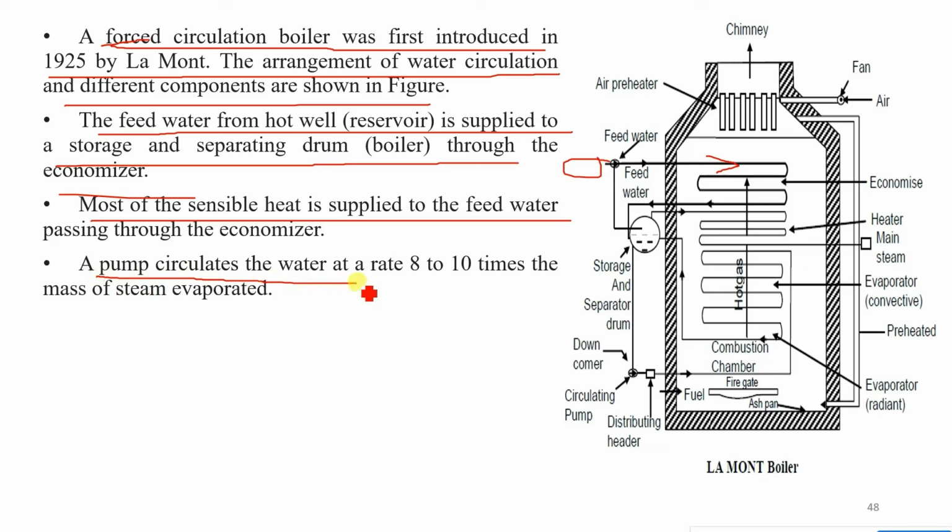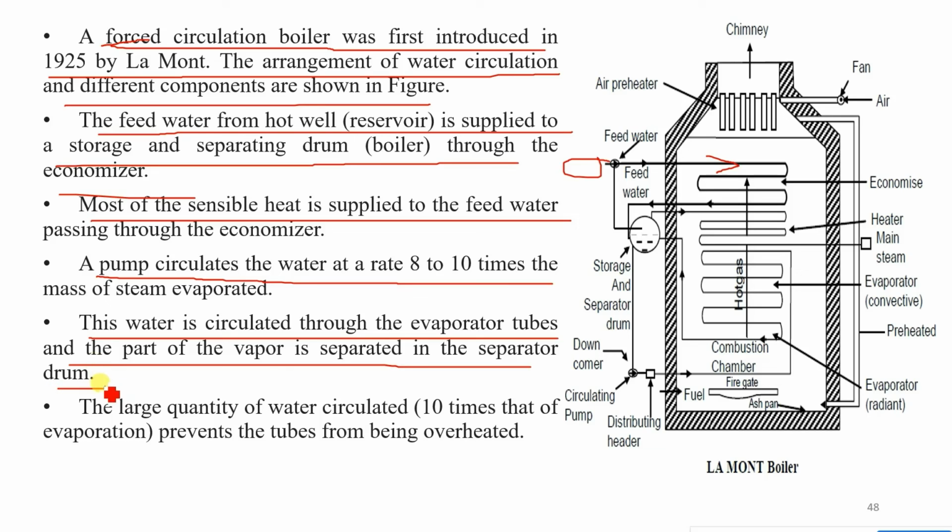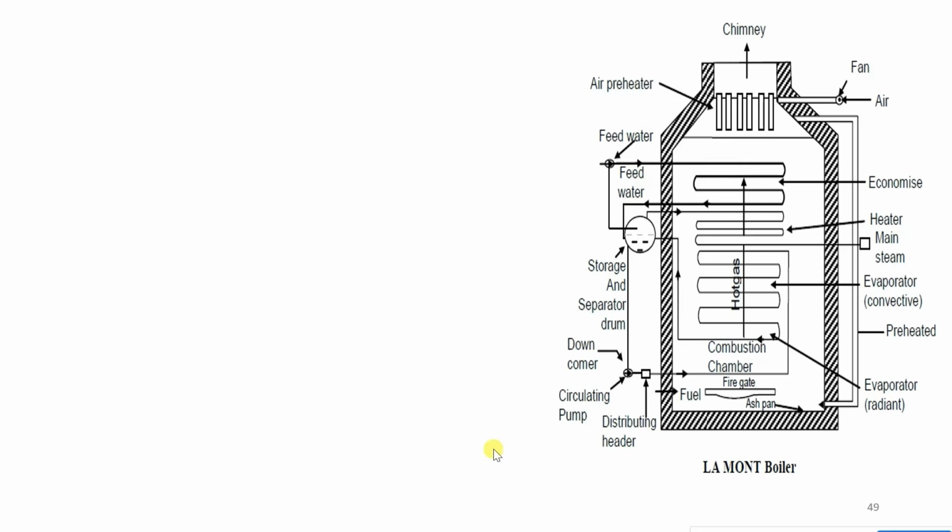The pump circulates the water at the rate of 8 to 10 times the mass of steam evaporated. This water is circulated through the evaporator tube and part of the vapor is separated in the separating drum. The large quantity of water circulating, 10 times that of evaporation, prevents the tube from being overheated.